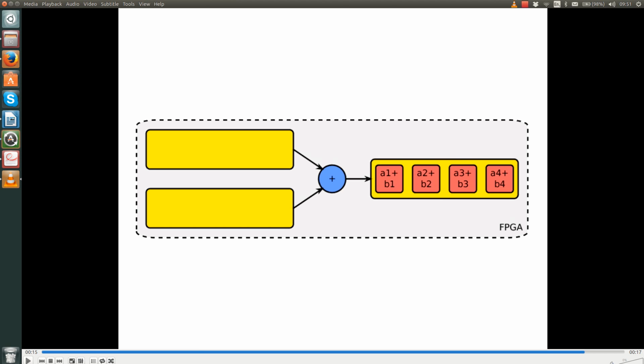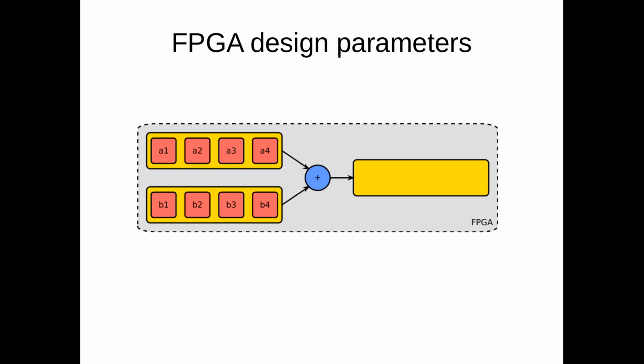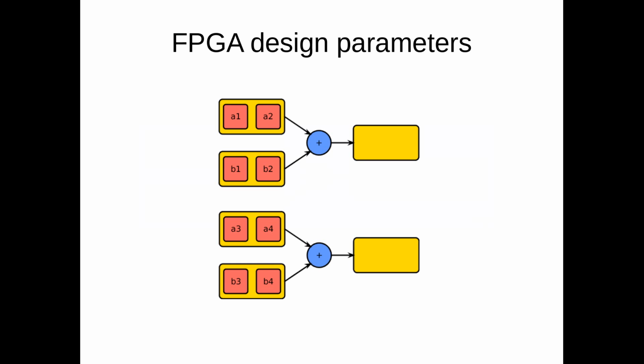In addition to pipelining, since we have full flexibility of tuning the architecture, we can partition memory blocks, and we can synthesize several computational units. So instead of having this architecture, we can partition our arrays. We can replicate computational units in order to parallelize computations.